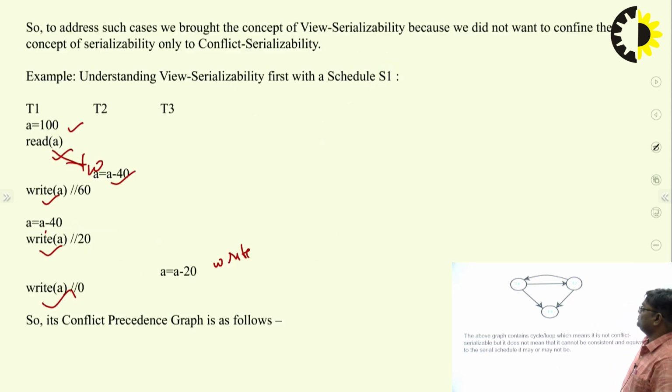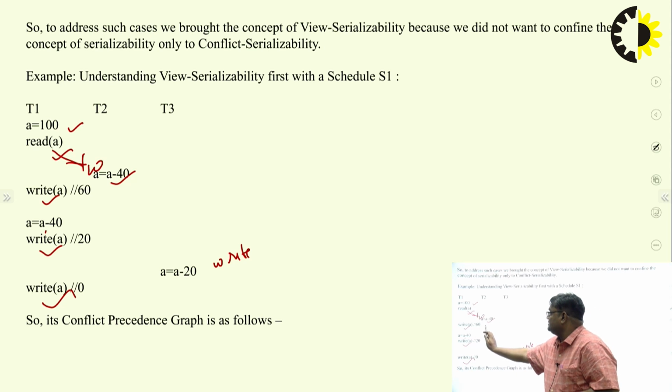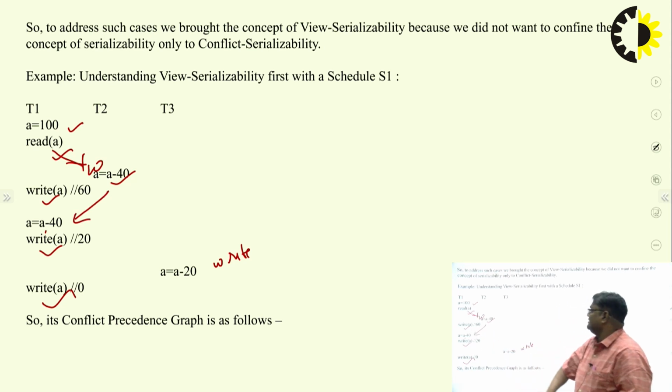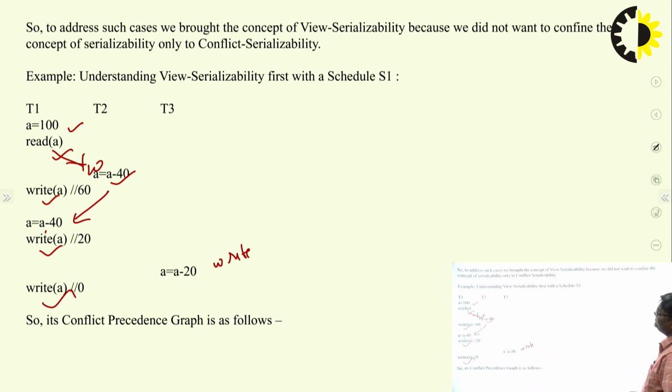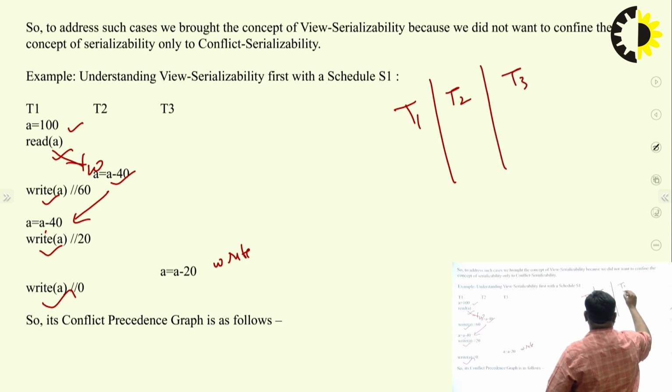Why is it T2 to T1? T2 to T1, because this also writes something, and you can also draw T2 to T3.